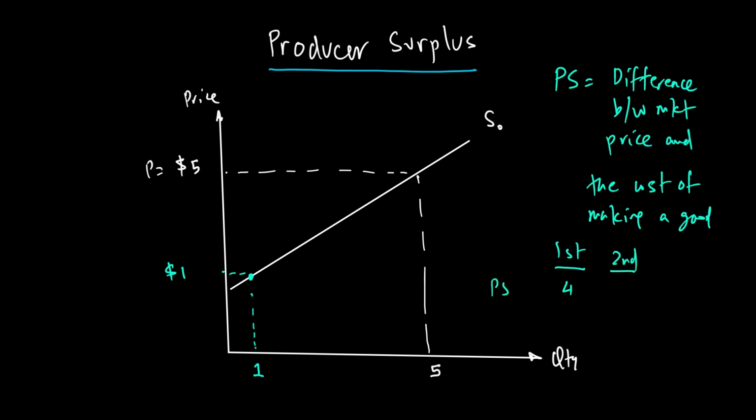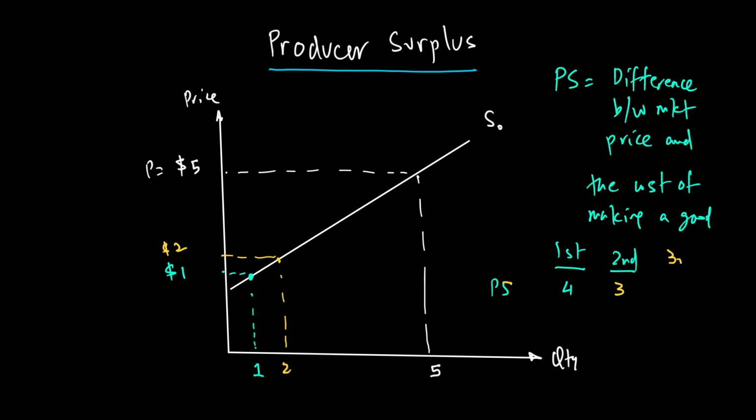Let's say for the second unit, my cost goes up to $2. Will I sell this unit? And the answer is yes, because my price is 5, but my cost of making this good is $2, which means I am pocketing $3 of surplus. Now, this is what we call a marginal producer surplus, because I'm looking at each unit. So I'm looking at extra producer surplus.